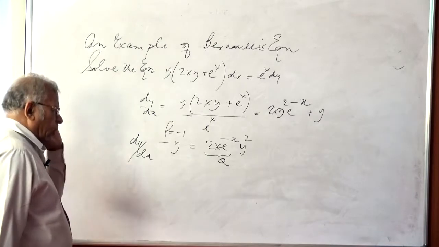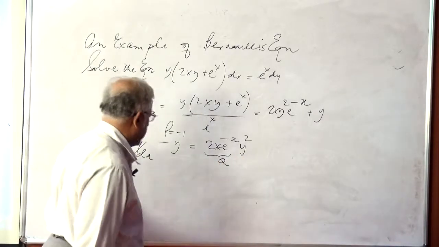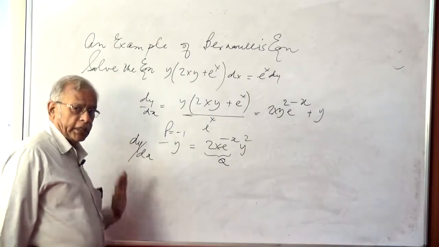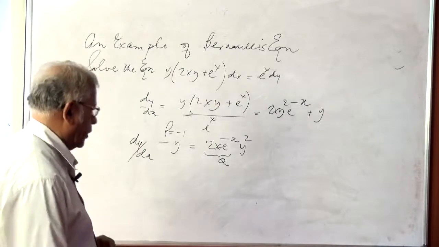The first step we do is to divide the entire equation by y squared and try and see how we can transform this equation into a linear first order equation.